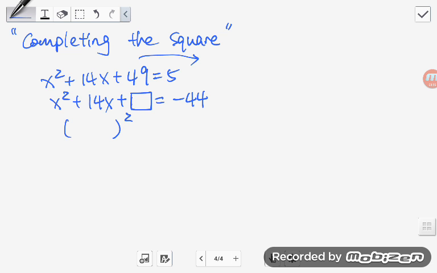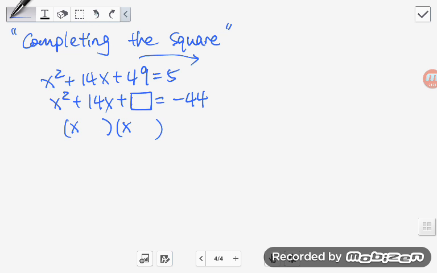If this is a bit too fast for you, think about it this way: I'm trying to add a number there so I can make this into x plus a number, and the number here and the number there will be exactly the same. Let's say if it's 3, then I'll have x plus 3, and I have x plus 3 squared, something like that. Of course it's not a 3. I'm just writing the 3 down to show you what we're expecting.